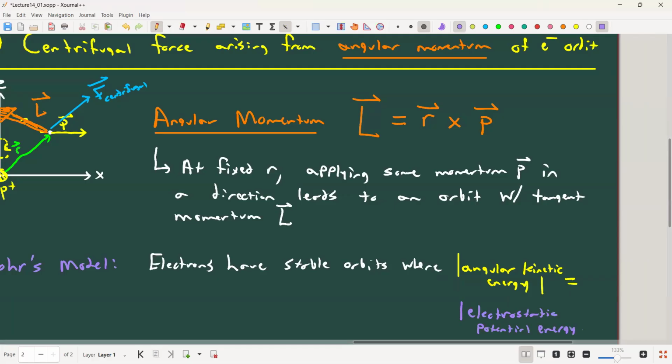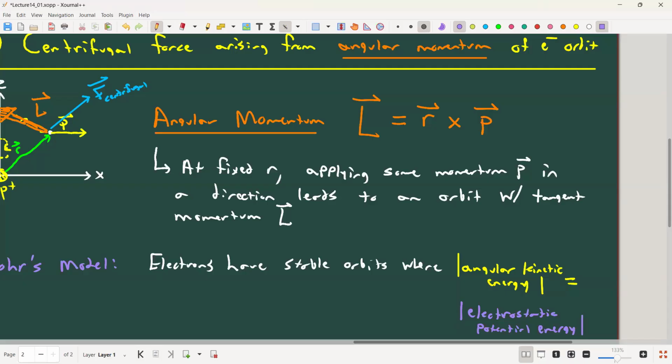Another way to write this in terms of forces is that the centrifugal force is equal to the electrostatic force, right? But I can also just think of it as you have some kinetic energy arising from this orbit, and that energy has to be balanced in the opposite direction as the electrostatic. So that means the absolute values of those numbers would be the same. There's no difference between the two.